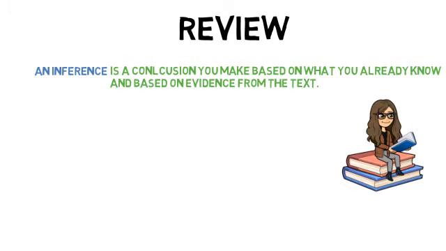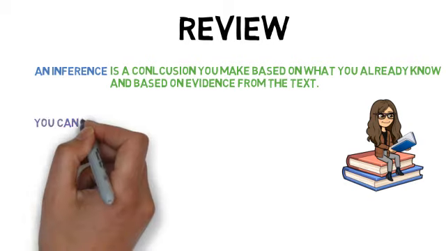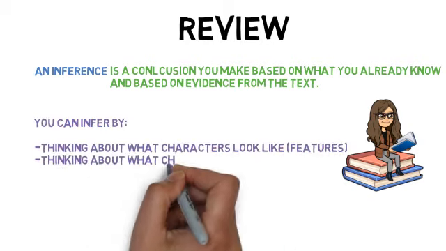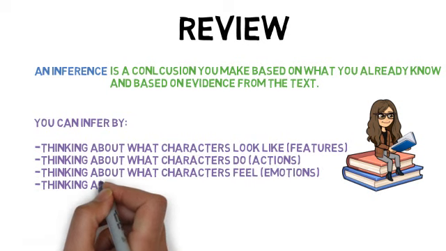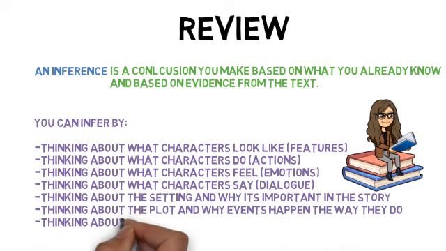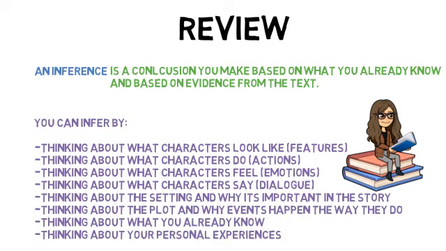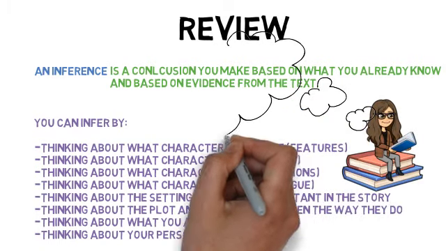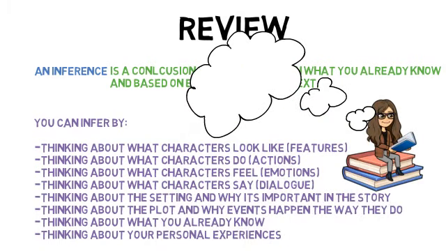Some ways to infer is by thinking about what a character looks like, thinking about what they feel, thinking about what they say, thinking about what they do, thinking about the setting and why it's important in the story, thinking about how things happen in order and why they happen that way, thinking about what you already know, and finally, thinking about your own personal experiences and how you relate to the story, making your own connections.